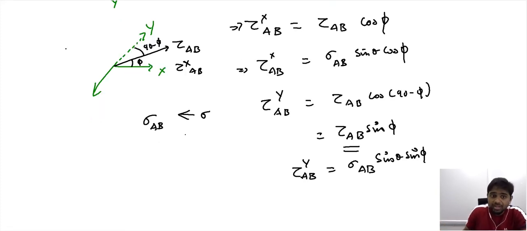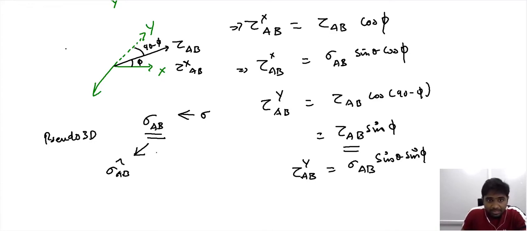In addition to that, even within the pseudo three-dimensional framework, we were able to see that the stress experienced by an inclined plane comprises two components. One is a normal component and the other is a shear component.